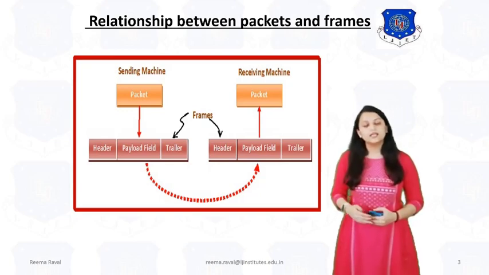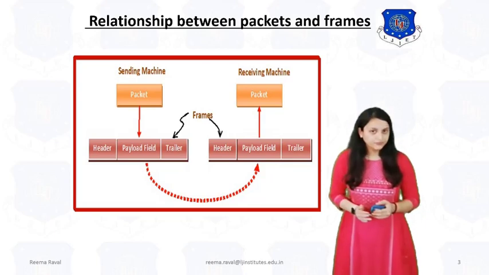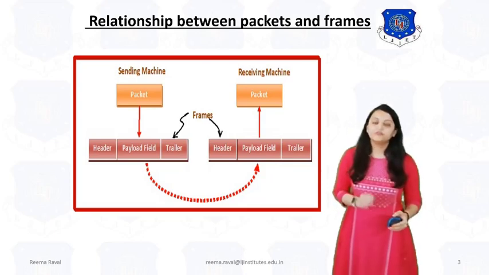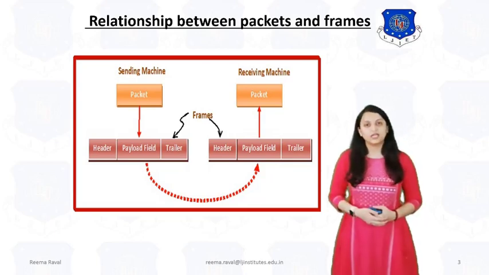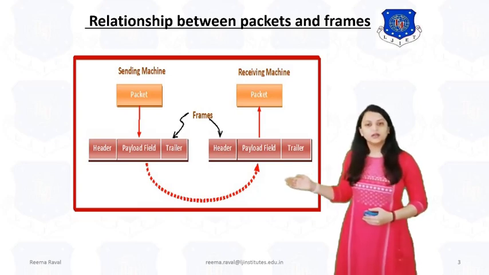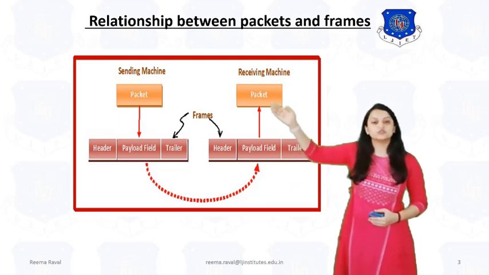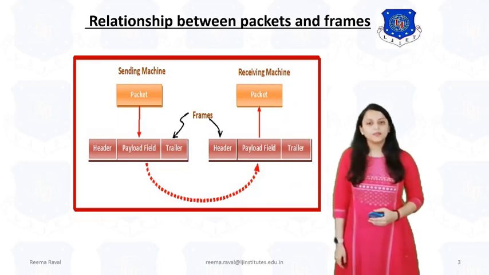The first field is the header field, the next is the payload field, which generally has the data, and the last one is the trailer field, which is generally for error correction or detection purposes. Now these frames are transferred between the sending machine and the receiving machine in terms of packets.